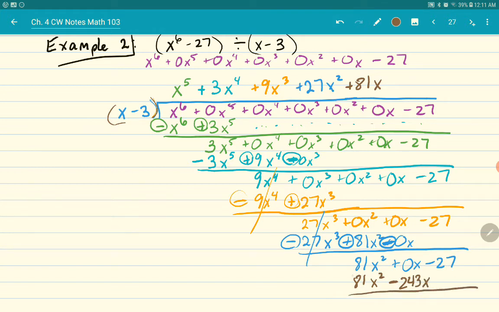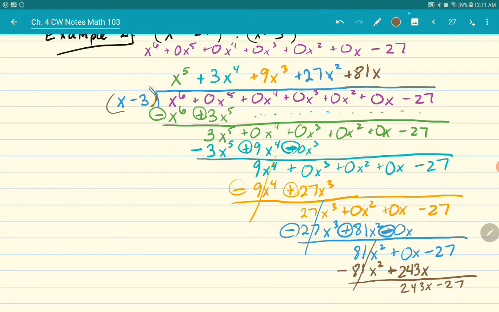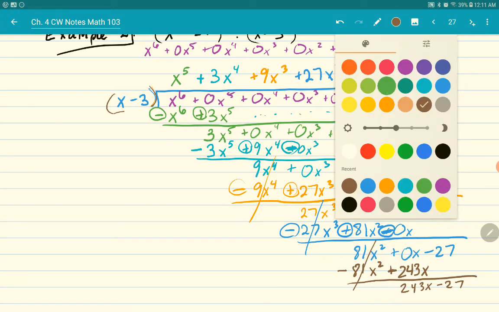And then I draw the line and change the signs, and the first term goes away, and then I get 243x, drop down the 27, and then I ask myself, okay, now I'm almost done.